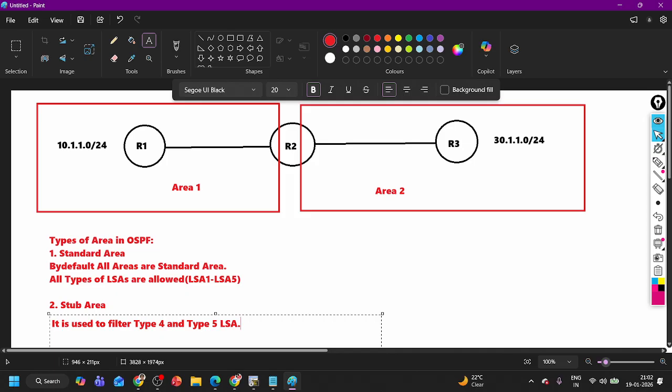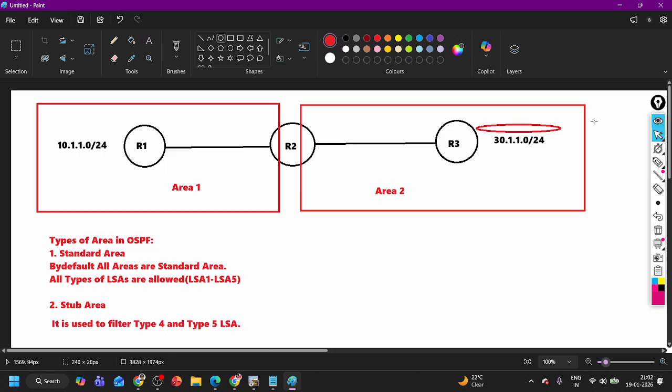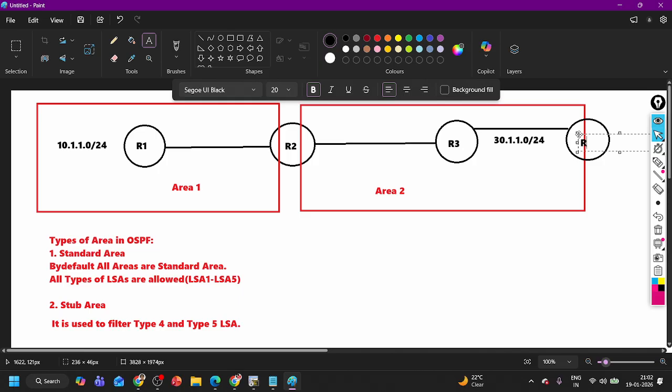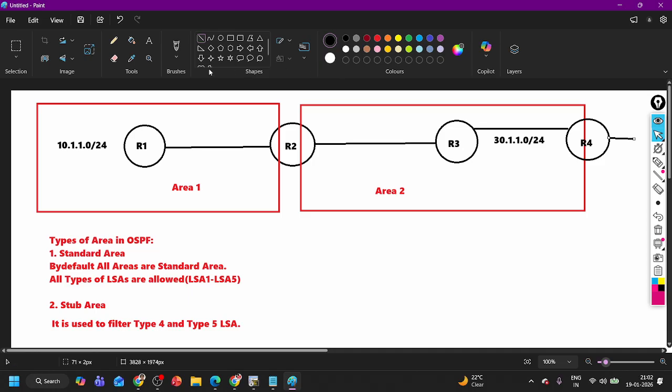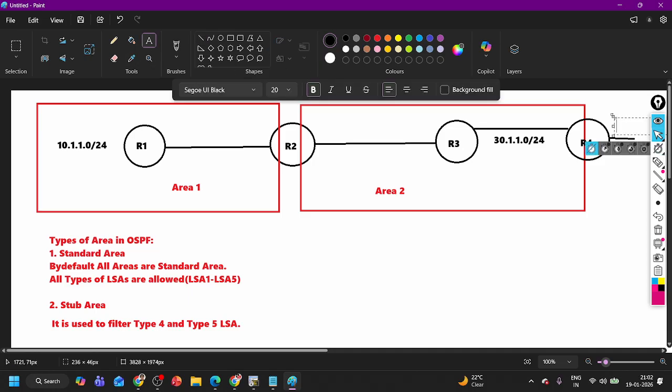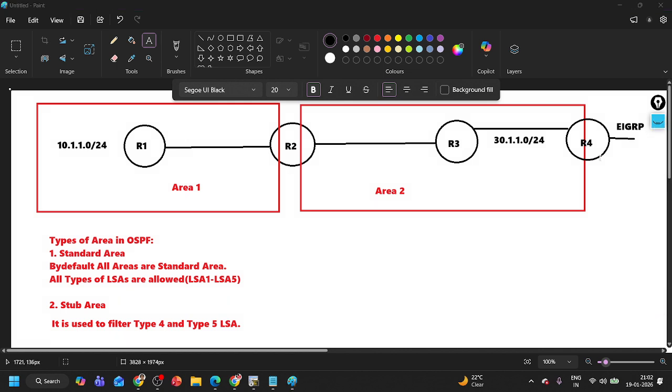In our last topology, there was a regular area. Let's suppose here only router number 3 is connected with another router, router number 4, and here we are running the EIGRP routing protocol. This router is learning some prefixes through EIGRP. So R4 will become my ASBR router.